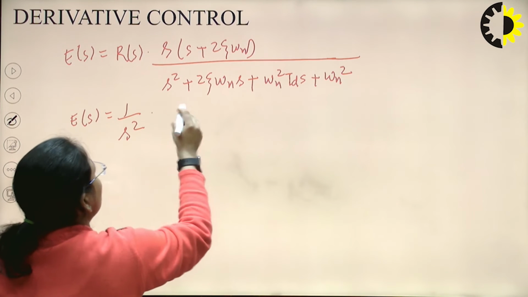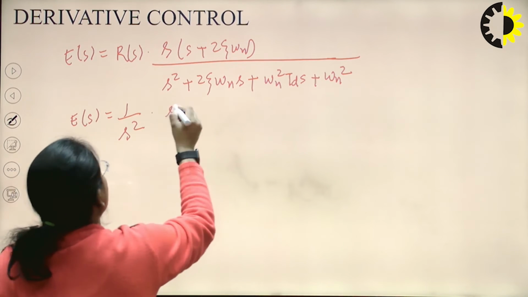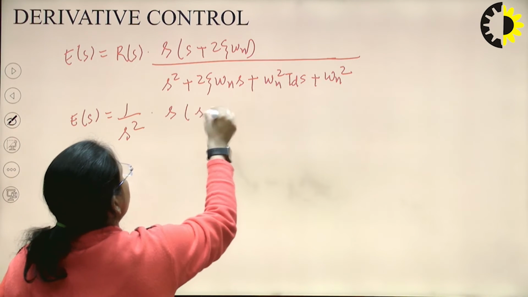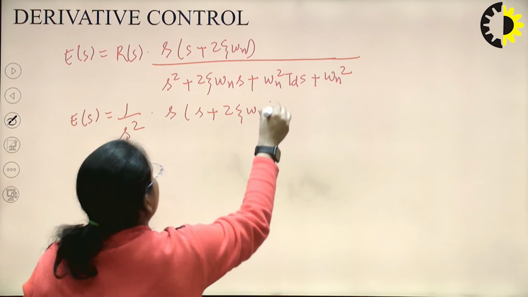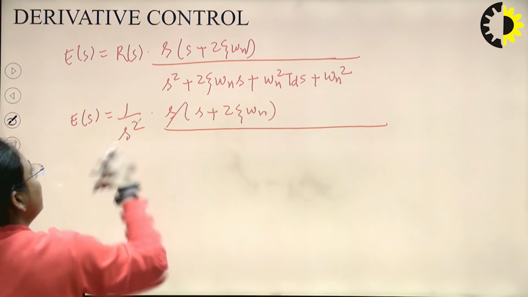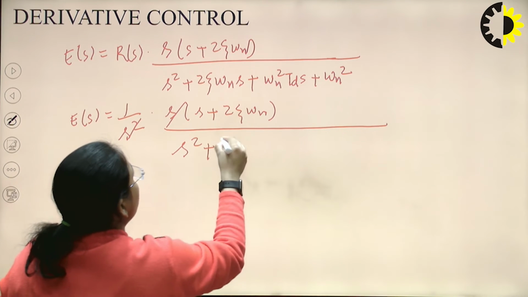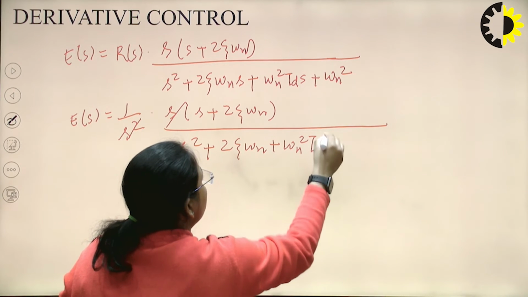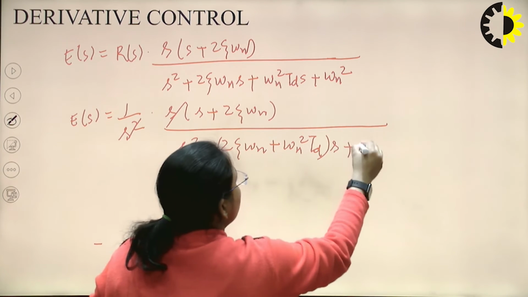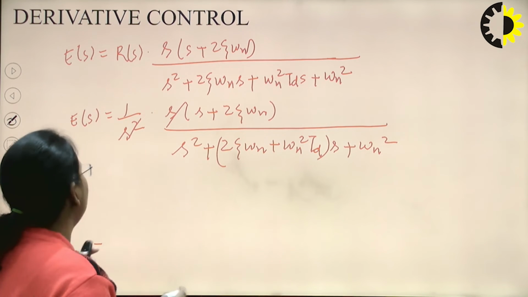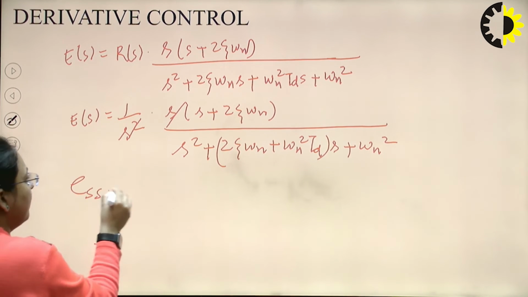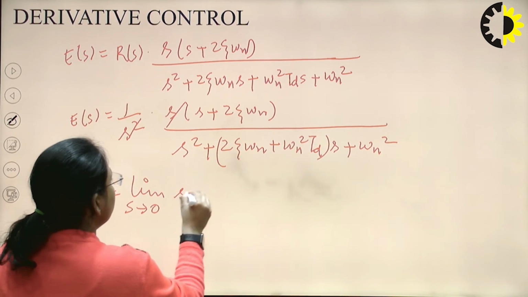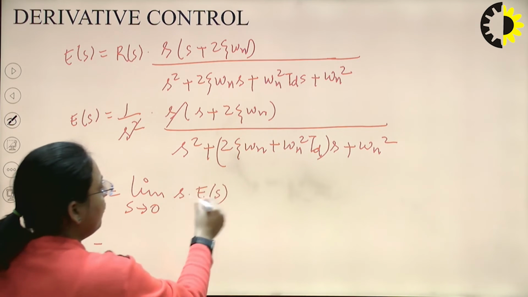So it is coming out to be, s will get cancelled here, and s plus 2 zeta omega n. Okay, so we cancel out this s, and we will be left with these terms into Td into s plus omega n square. Now steady state error will be limit s tends to 0 of s into E(s). Now put the value of E(s) from here.